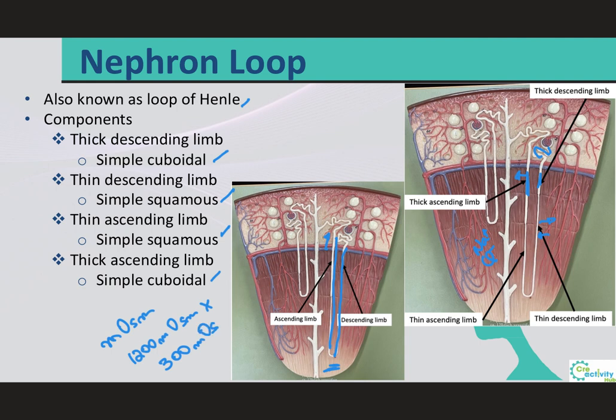Therefore, this high osmotic concentration surrounding the nephron loop results in an osmotic flow of water out of the nephron. And where is this water coming from? It's coming from the thin ascending and descending limbs.